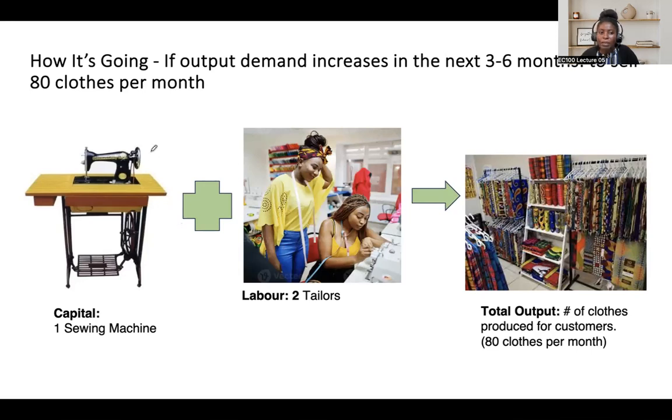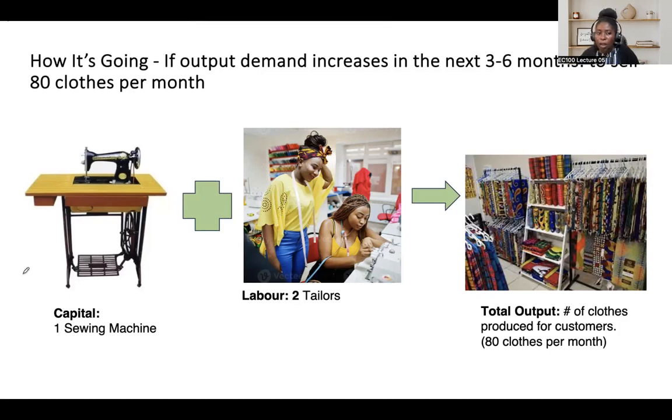But the machine is still one because it's too costly to change it, okay? So at the end of the day, we have them being able to meet the demand. They will be able to produce 80 clothes and get their clients satisfied. So output level has increased in the next 3 months after starting the business.